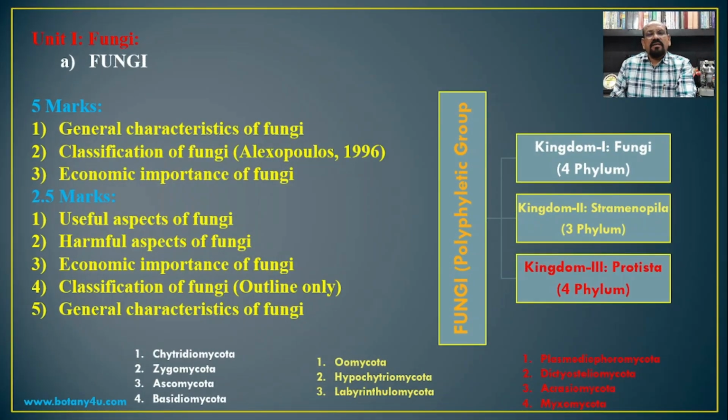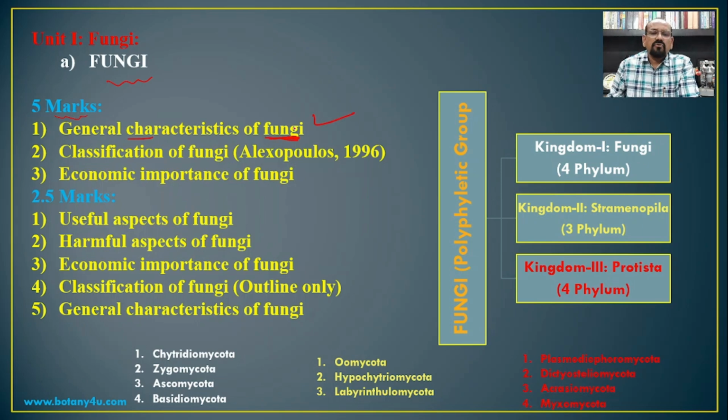As we have seen earlier, there are 3 different types of questions: 5-mark question, 2.5-mark question, and 1-mark question. So step by step on every topic we will see the different types of questions asked in the university examinations. Here unit 1, that is the fungi, and a 5-mark question will be asked, that is the general characteristics of fungi.